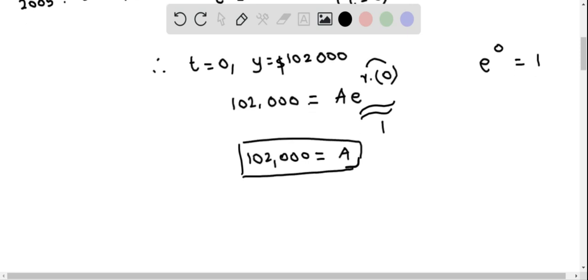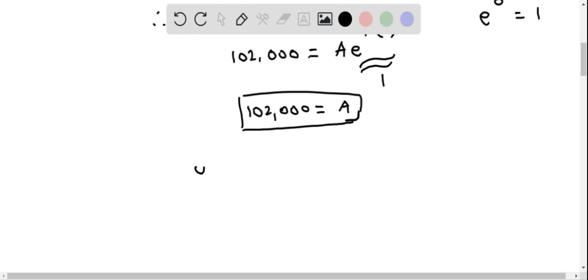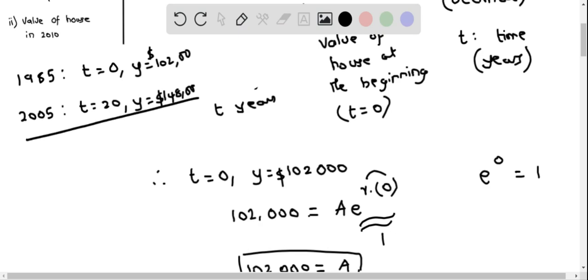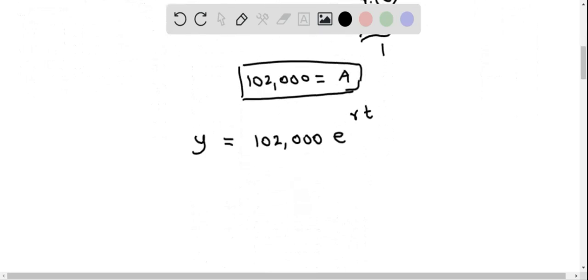So first we have determined the value of a. Now we can substitute this value of a into our exponential equation. So we get y equals 102,000 e raised to the power of rt. Now let's use the second information, that is, when t equal to 20, y is 148,000.